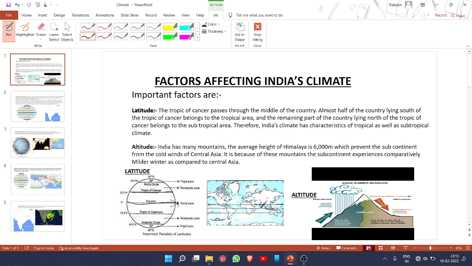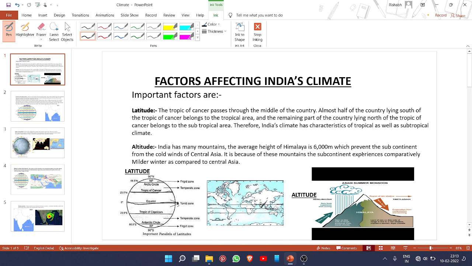Now, let us see the second point. India has many mountains. It is known to us that India has many mountains. The average height of the Himalaya is 6,000 meters. This is also known to us. This we have already read in chapter 2.